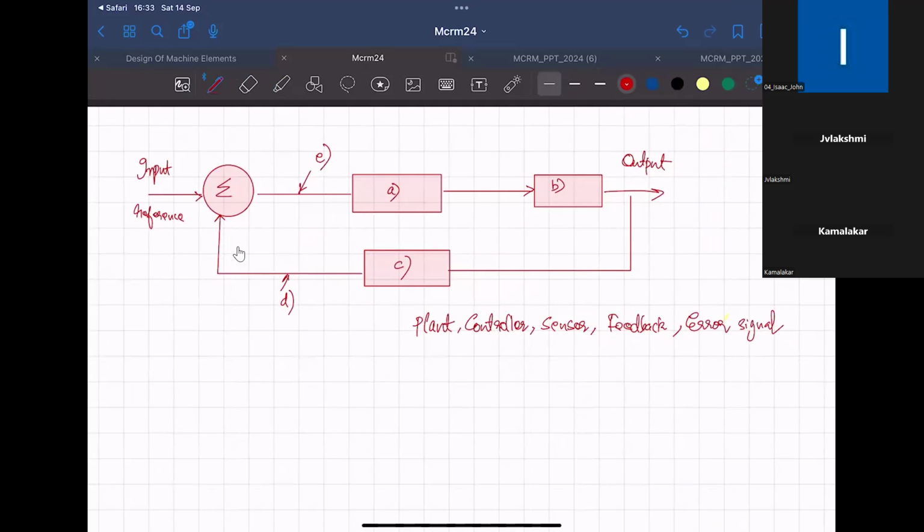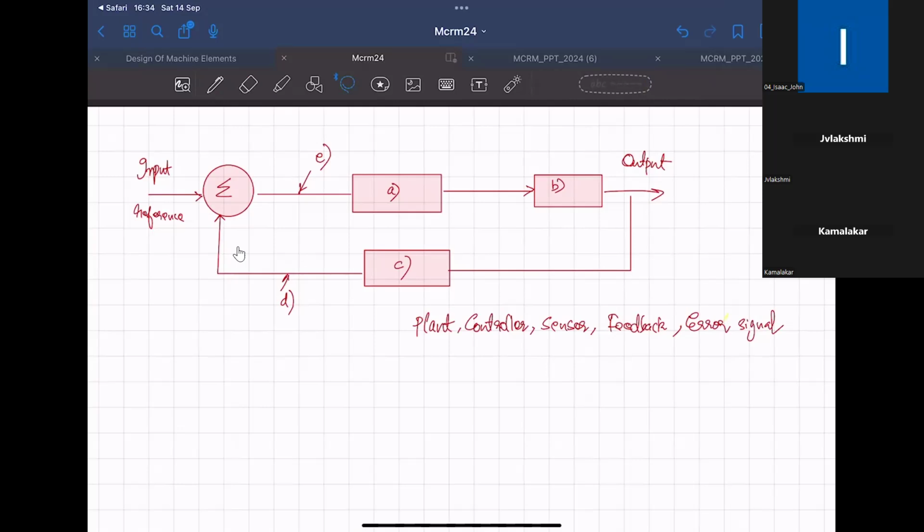So this is a typical block diagram, a typical control loop of a feedback system. The difference between output and this input, you can call this an error signal, right?